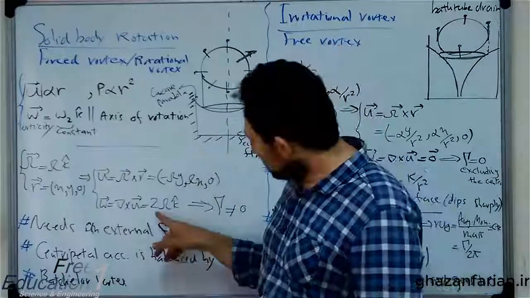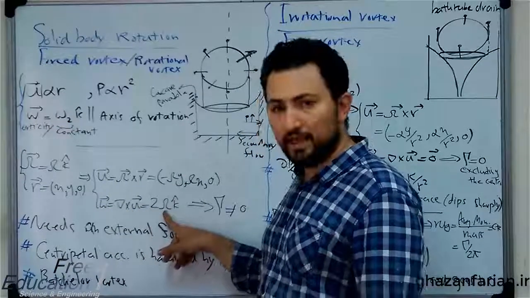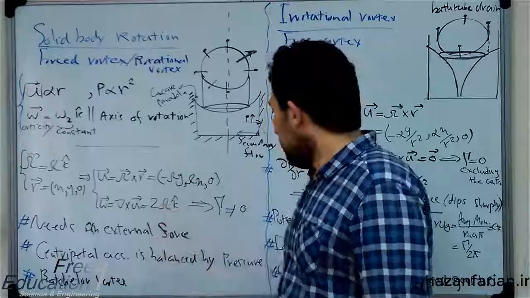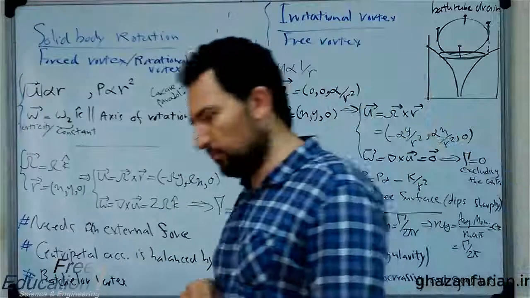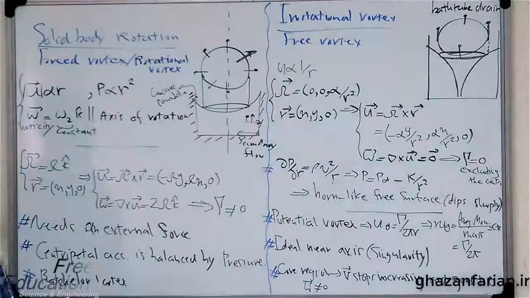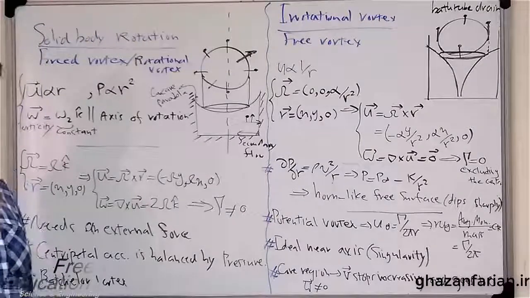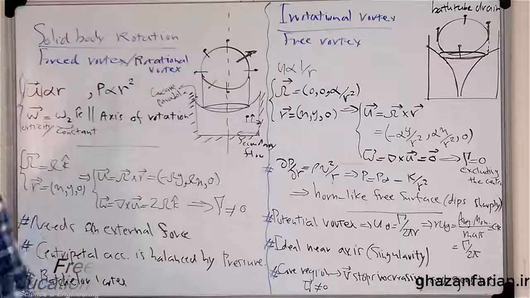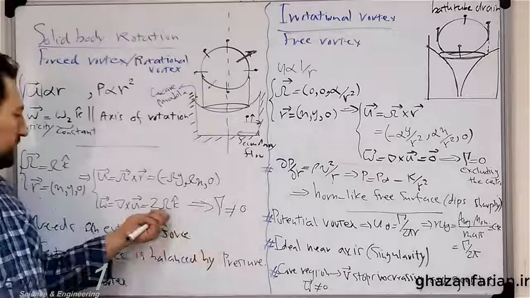You will understand that the vorticity vector is twice the angular velocity, and the circulation, which is the integration of the dot product of velocity and the position vector tangent to the closed curve, is a non-zero quantity here, because the vorticity vector is non-zero.